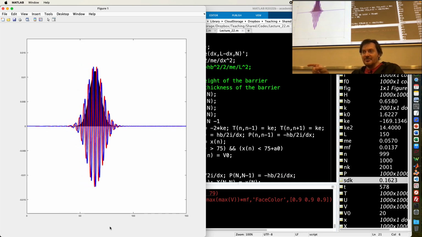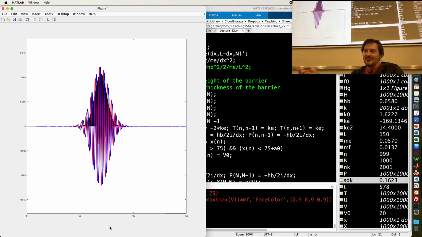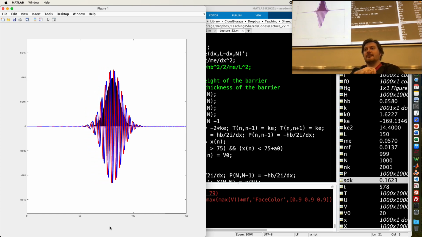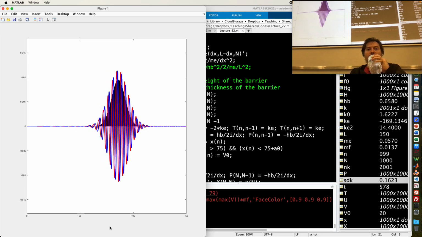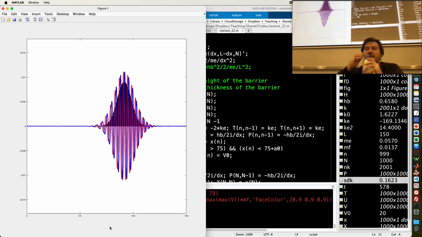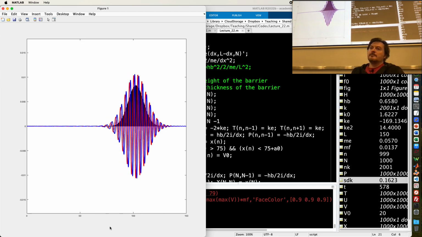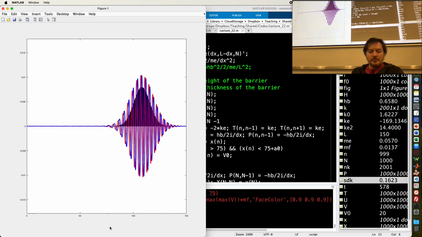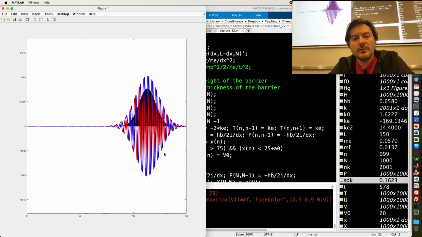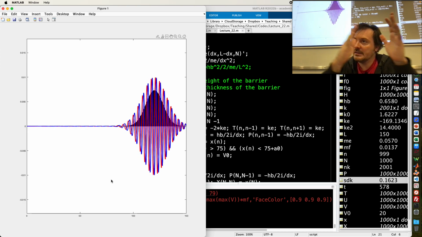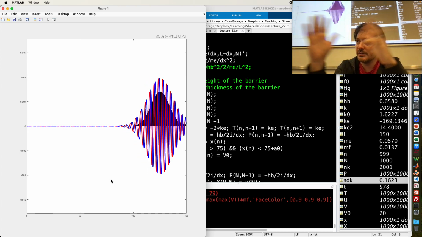When you do the measurement, it will appear either on the other side or on this side. The magnitude of that wave gives the probability of being there or there. Yes, very good.